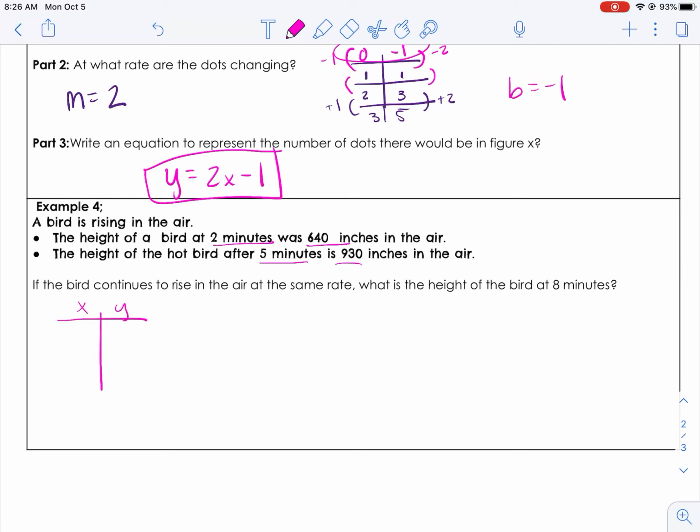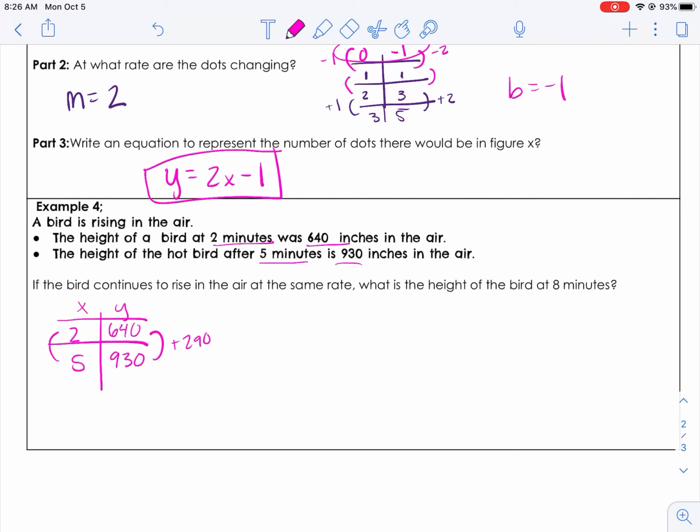So our x's and y's. Our x's are always time, so 2 and 5. And then y is going to be our inches, 640 and 930. We'll find our change in y over change in x, so 930 minus 640. 930 minus 640 is 290.